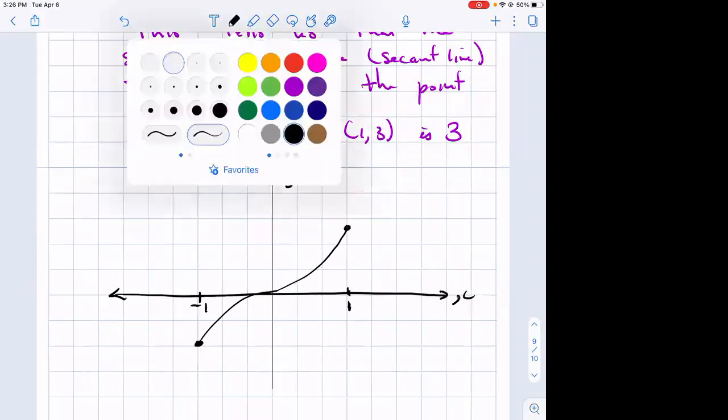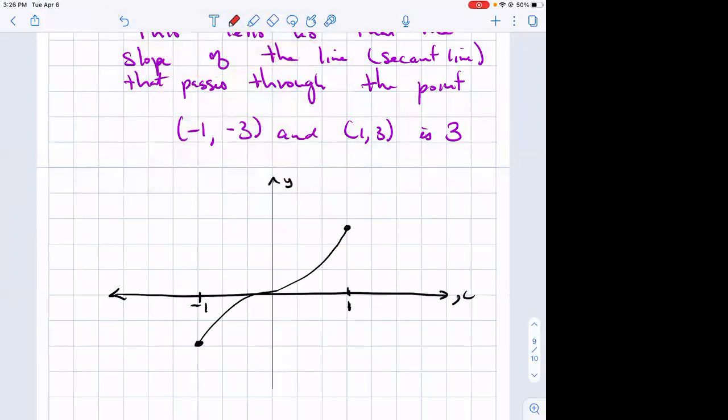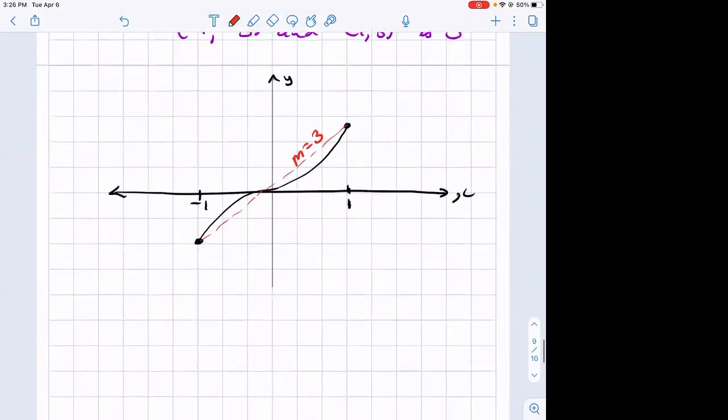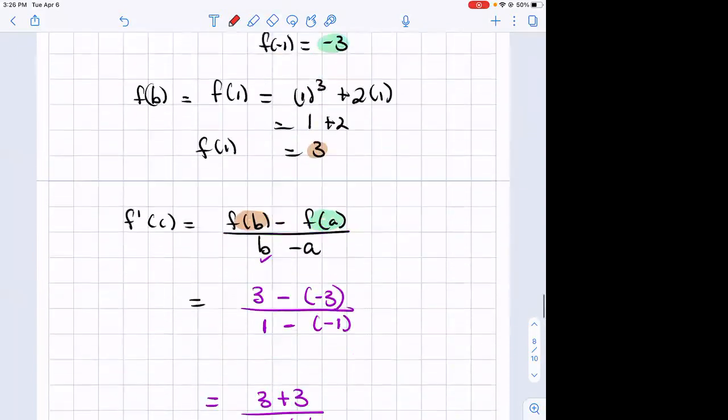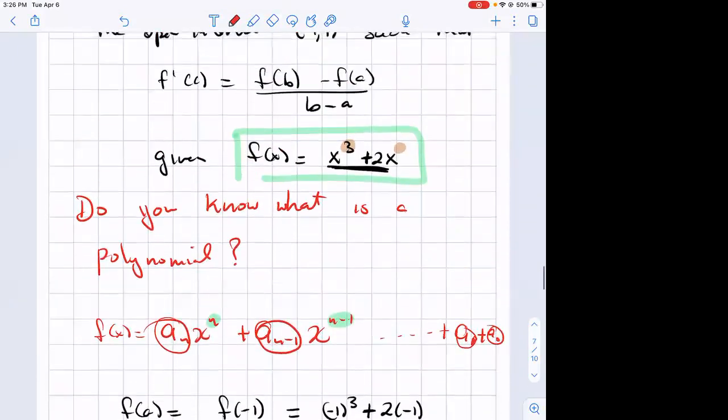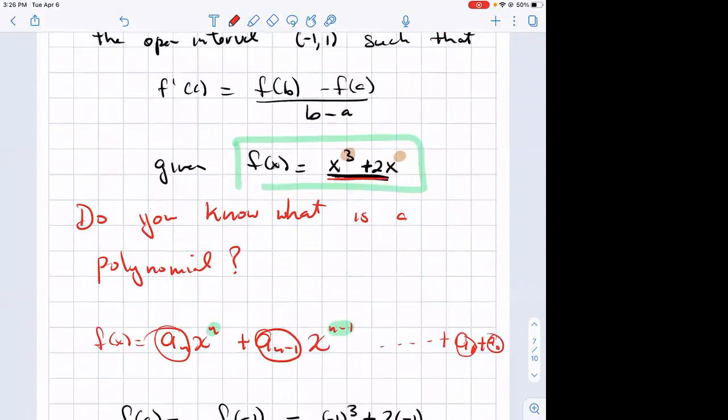The secant line is this line here, right? So m for this line is 3. That's what it's saying. Now f(x), which is this thing here, is x cubed plus 2x, right? Yes, x cubed plus 2x.